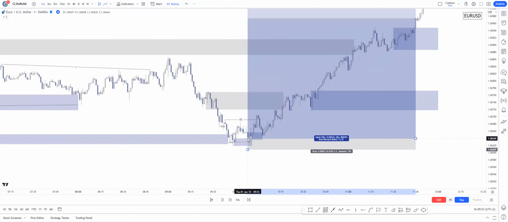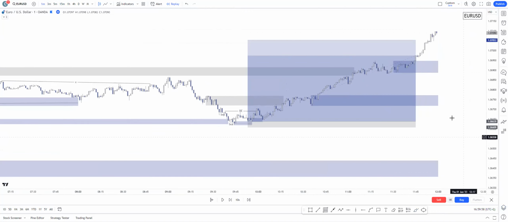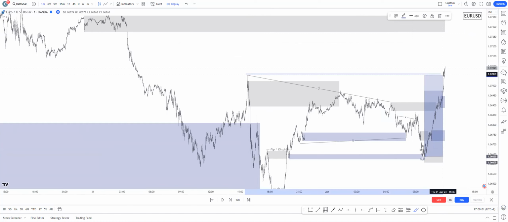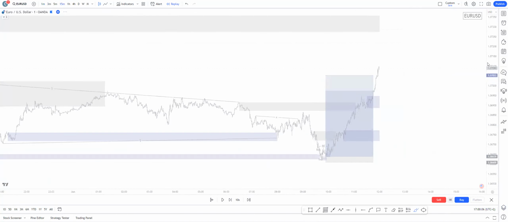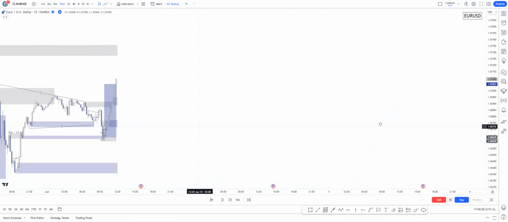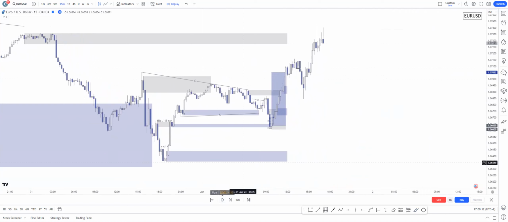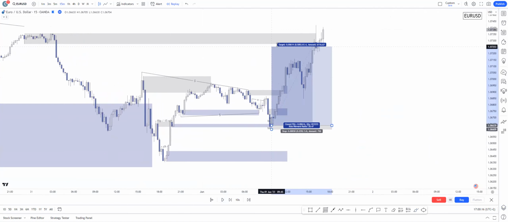And let's see if it can manage to mitigate the forward supply. So probably I would close 50% of my position here, but let's see if it can mitigate the forward supply in the rest of the day. And actually it did. So this forward supply zone mitigation happened too.